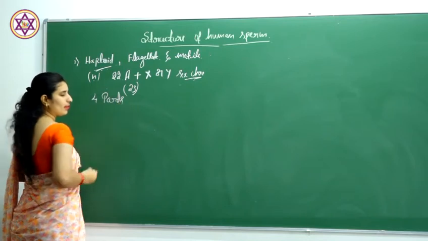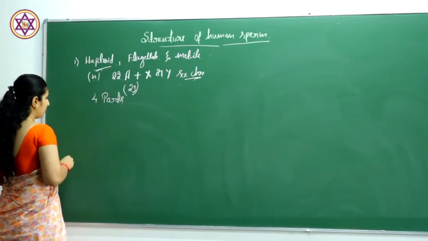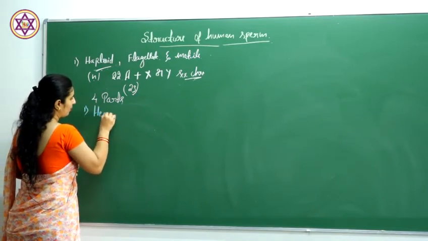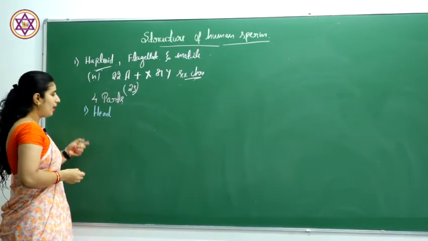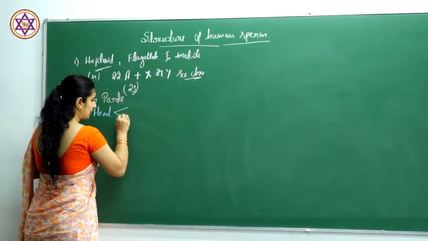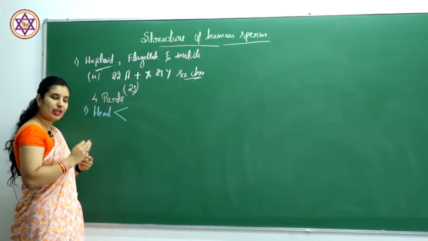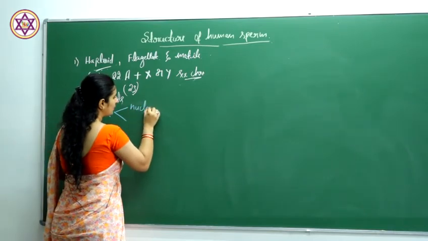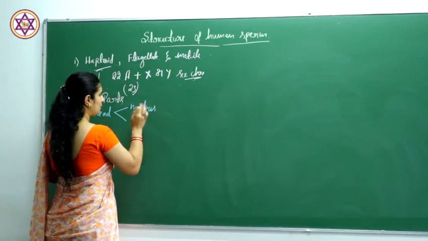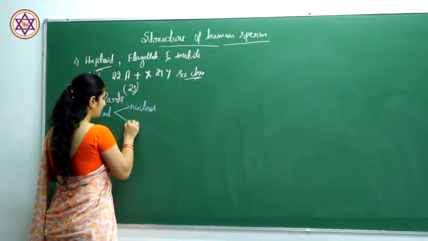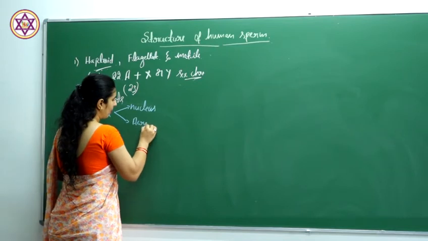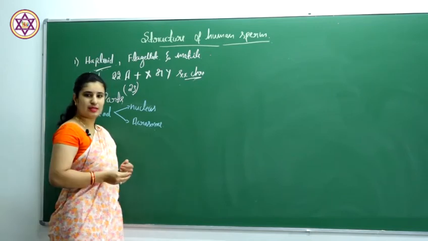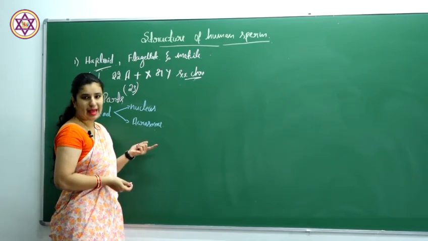The first one is the head part, and this head consists of 2 important regions: one is the nucleus, and the other is the acrosome, which makes a cap-like structure.